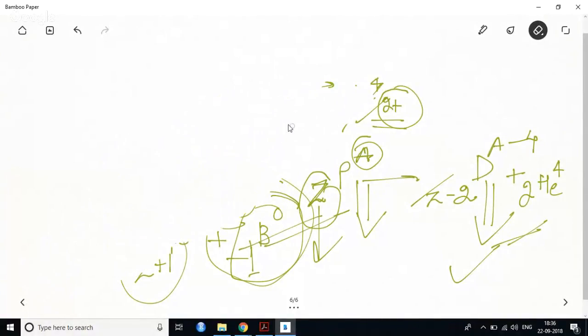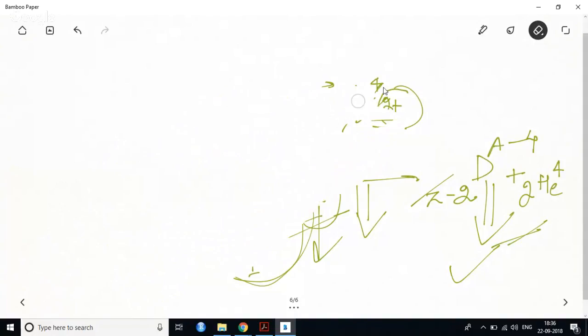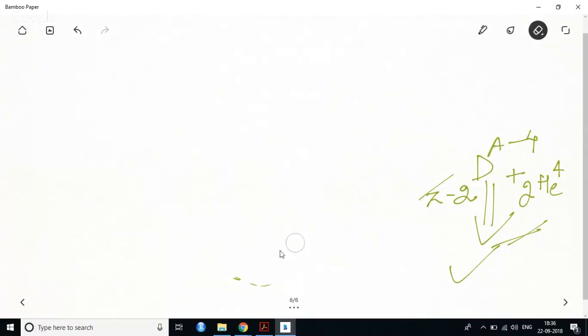It is not necessary that the daughter nucleus would also be stable. The daughter nucleus can also be unstable. If the daughter nucleus is also unstable, then it will also disintegrate and convert into a new daughter nucleus. If that new daughter nucleus is also unstable, again that self disintegration will keep on going.